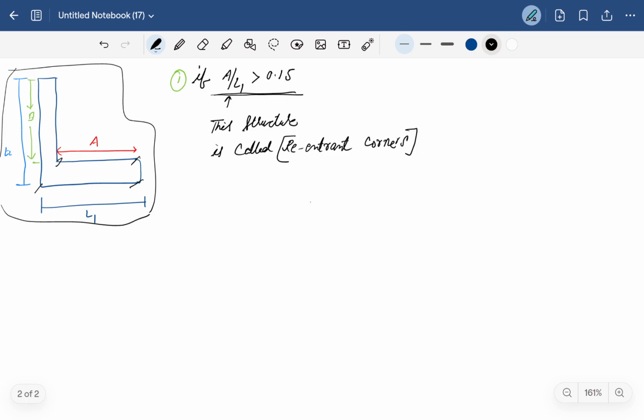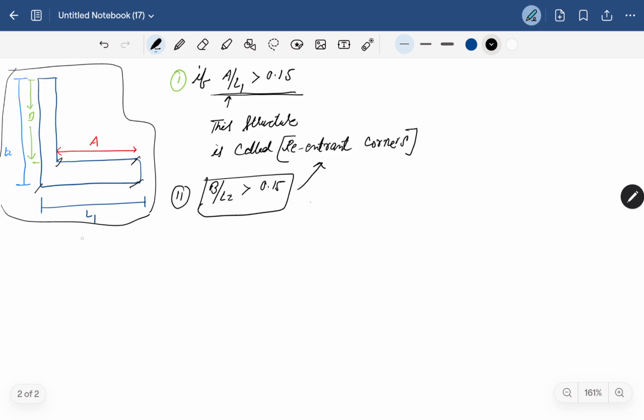Like that, if B by L2 is greater than 0.15, the same, it is called reentrant corners.